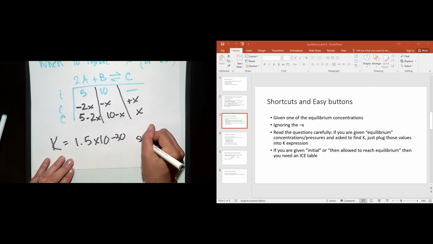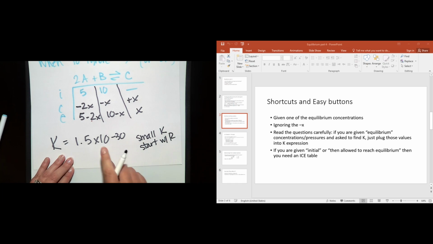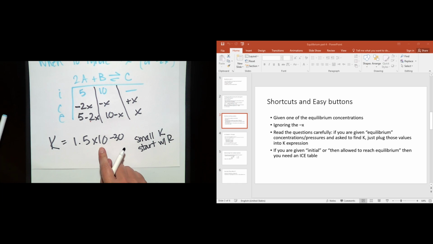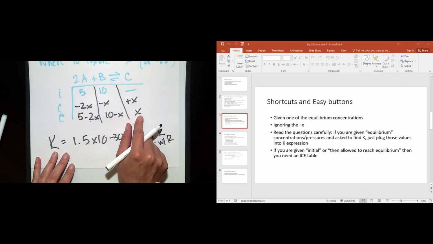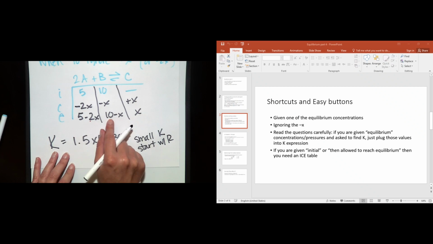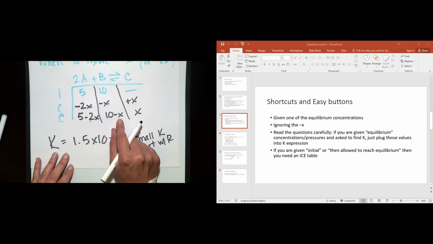When we have a very small K and we start with reactant only, remember this means reactant favored. So that means compared to X, 5 and 10, or whatever my initial amounts are, are going to be very large. X is so small, this is like 0.000000000000001. So small.